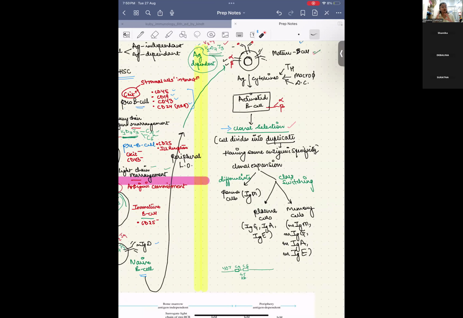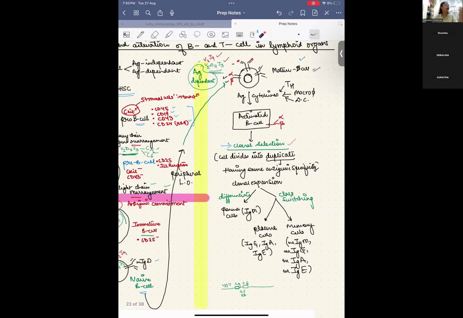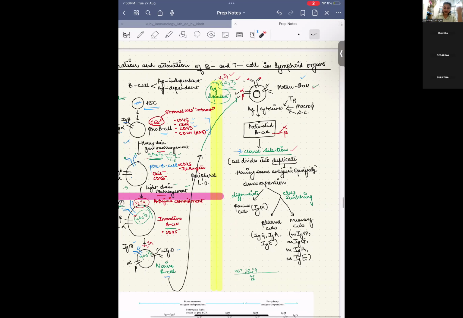So this overall process is called clonal selection, where instead of the initial 10 which encountered the antigen, you have thousands and millions of cells of this particular type now taking care of the antigen together. The phenomenon is called clonal selection, which only happens in presence of an antigen.